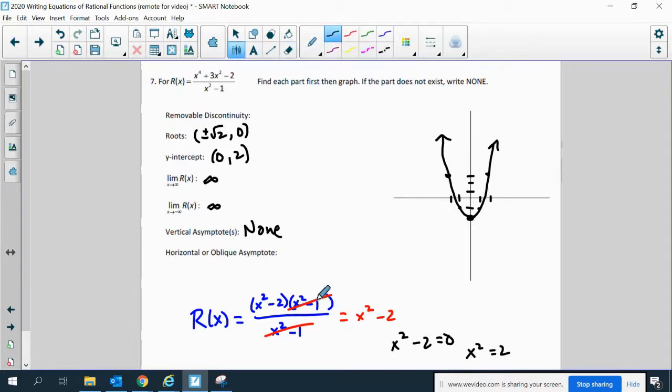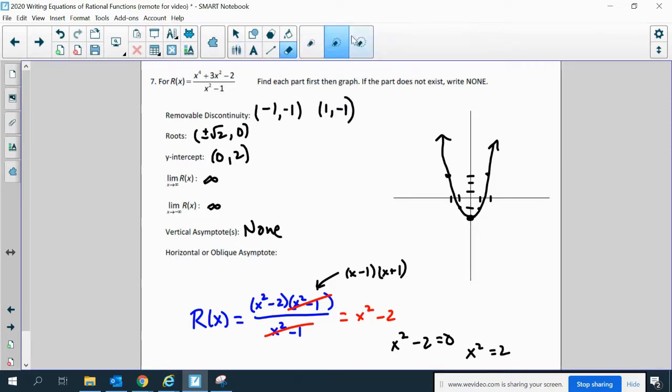So what I will notice about this is that if I factored this, I would have holes at 1 and -1. So (-1, -1) and (1, -1) are removable discontinuities. So I would have to replace those with holes. And that would be that.